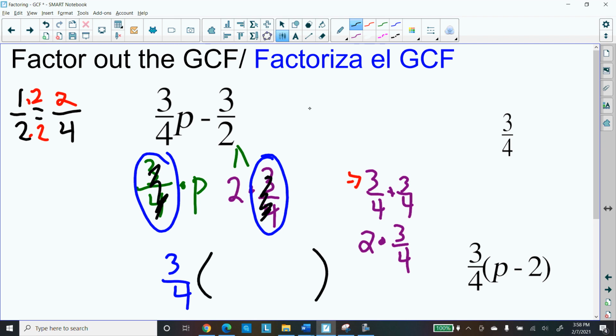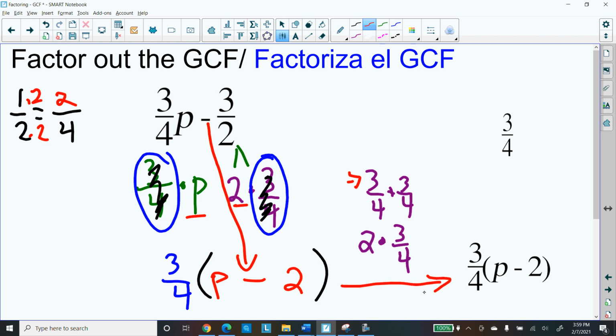See what I got left? I have a P left on this side, and I have a 2 left on this side, and bring down the minus sign, and there you have it one more time using fractions. And if I multiply it out, that'll give us what I started with as well.